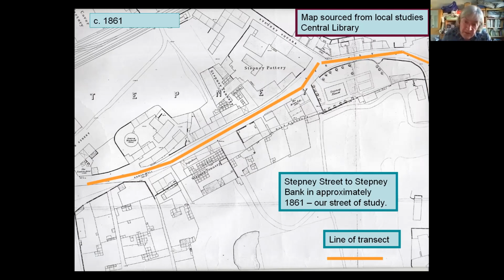Stepney Street, Stepney Square, Stepney Bank are a result of this, and it's Stepney House. Stepney House in 1861 was a nice area of green, and I will draw your attention to this blank area at the bottom, and at the top you've got two tanneries. Now bear in mind when John's talking that next to our street, our transect, you had tanneries, and the smell from there would be quite interesting.